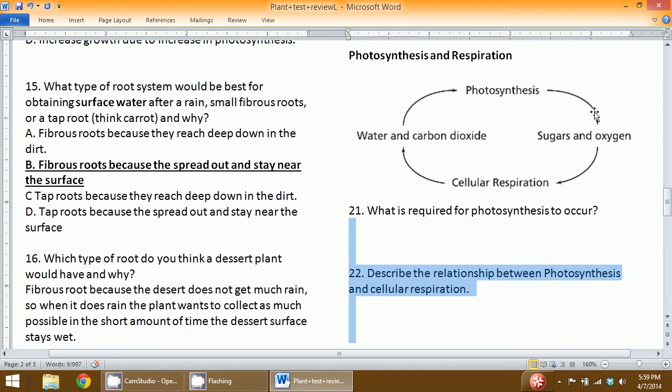And then that allows them to produce sugars and oxygen, and they can grow a little bit more, send their roots a little bit deeper, send their leaves a little bit higher. And that allows them to survive and do some cellular respiration to build some molecules and assemble proteins. And then they can produce more water and carbon dioxide as they do that cellular respiration in their mitochondria, for the point.